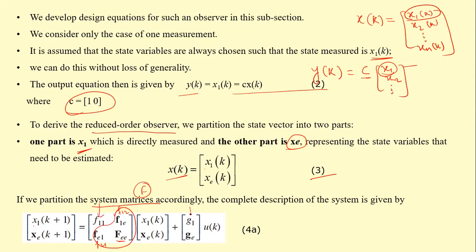Similarly, the control matrix has also been partitioned into two categories. One is the actual element of the control matrix, and the second one is the estimated one. Okay, and we have the actual state dynamics, and then we have the estimated state dynamics.